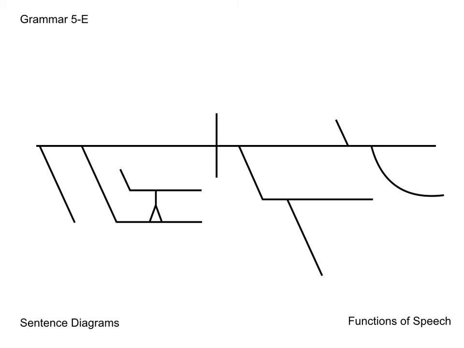We have no sentence to help us fill in these blanks. Instead, what we're doing is we're identifying our functions of speech, not the parts of speech, but the functions of each of these sections of a diagram. So we're going to start with our basics, with our core of the sentence, and that's going to be our subject and our verb, and then whatever comes in the predicate after the verb.